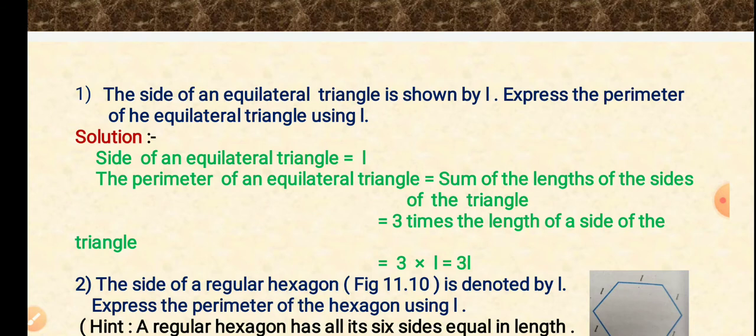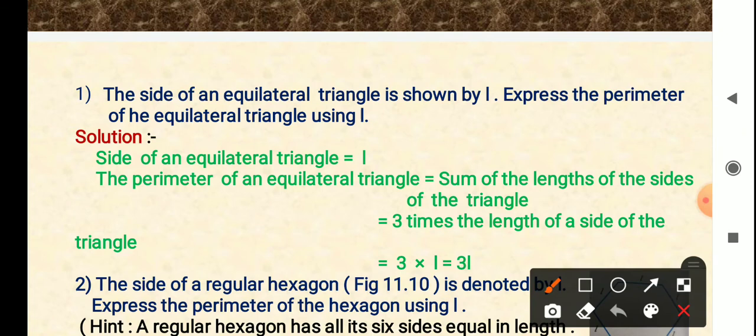So triangle is also a polygon which is made up of three line segments. Also, a triangle has three sides, and we know that triangles have different types. So from that we have to express here the perimeter of an equilateral triangle.